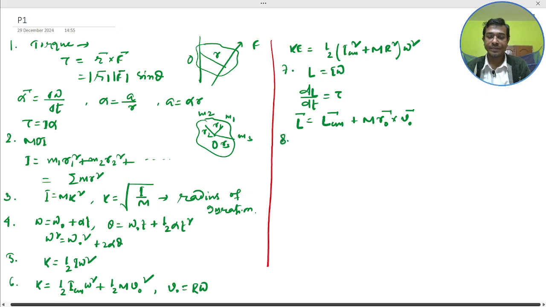Next, angular impulse is basically the change in angular momentum, written del L equals L2 minus L1 equals integral of tau dt.